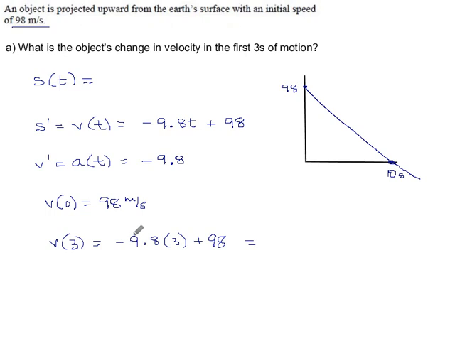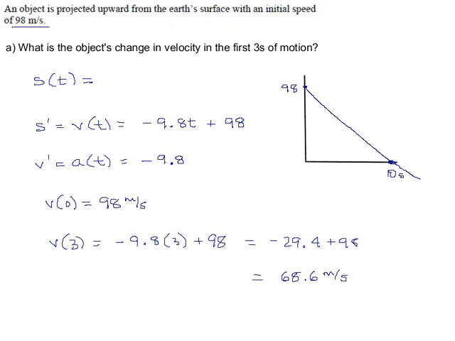What is that? Negative 29.4 plus 98. Is that 68.6, if I'm not mistaken? 68.6 meters per second. I'm going to confirm that. It was a risky thing to do in my head.